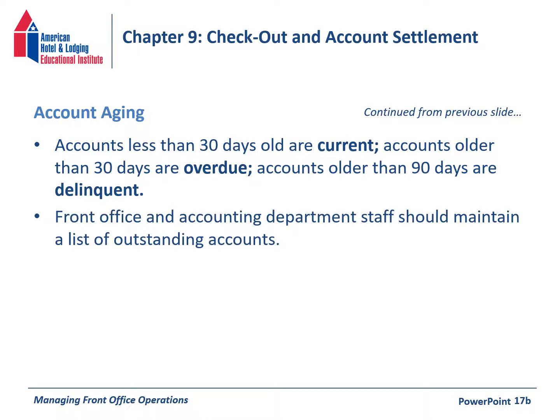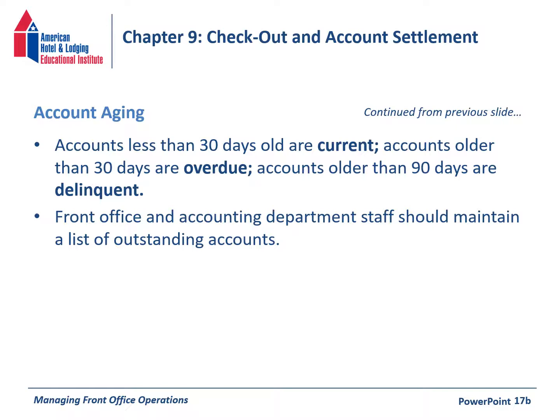So essentially anything that's 30 days or newer is still a current account. Anything that is past 30 days is overdue, and 90 days is considered delinquent. So we need to be a little bit more aggressive with our collection process if something is a delinquent account. Okay.